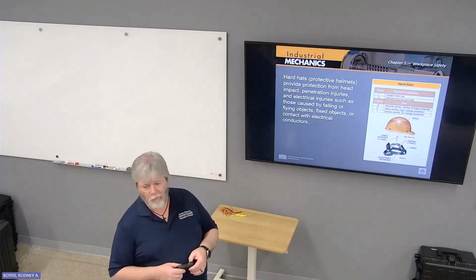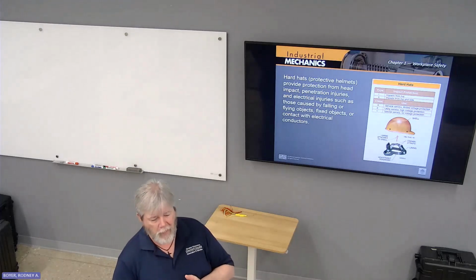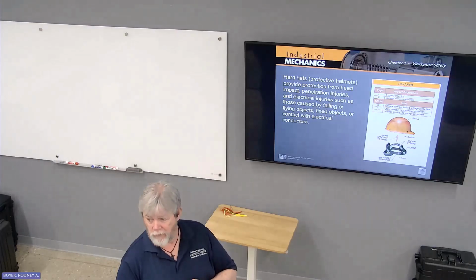That voltage is 10,000 volts. And then C is special service, no protection at all. That's either a bump cap or many of the class C hard hats are actually made out of metal, which, most metals are really good conductors of electricity. So that's why they say there's zero electrical protection for those.